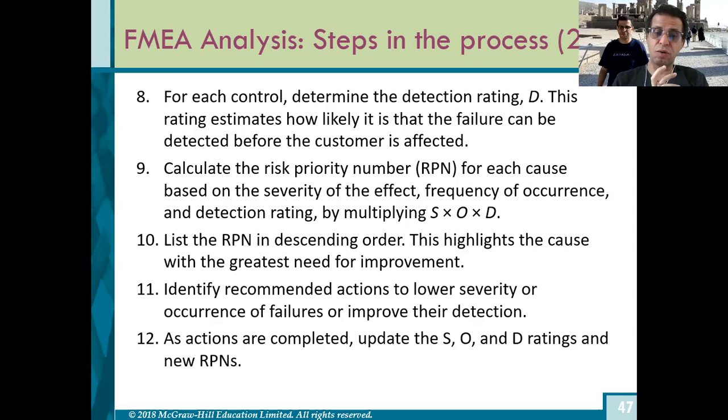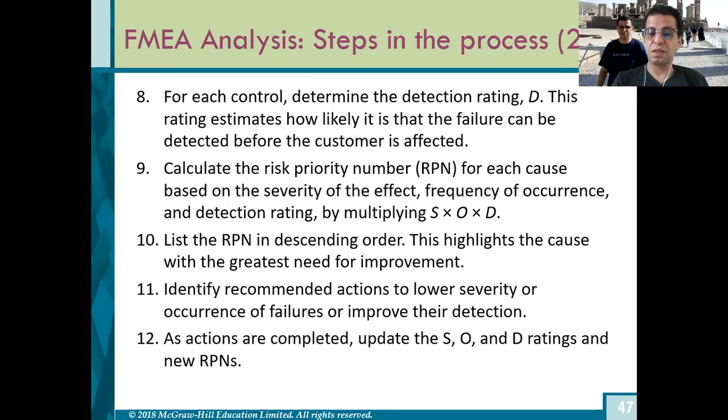And then we calculate the risk priority number, or RPN, for each cause based on the severity of the effect, frequency of occurrence, and detection rating, by multiplying these three together. When we do 1 to 10 and we multiply, then we can standardize it. List the RPNs in descending order. What's the highest, what's the lowest?